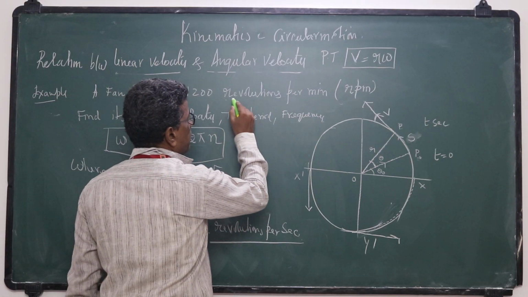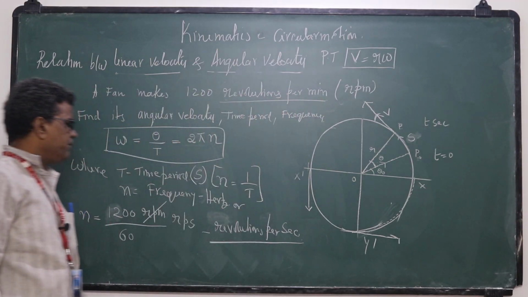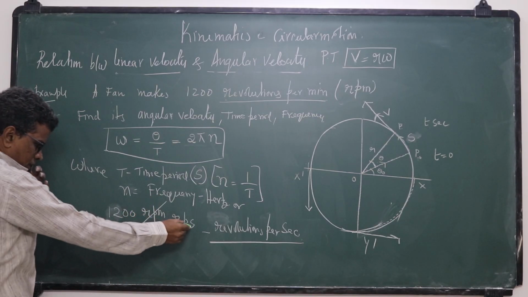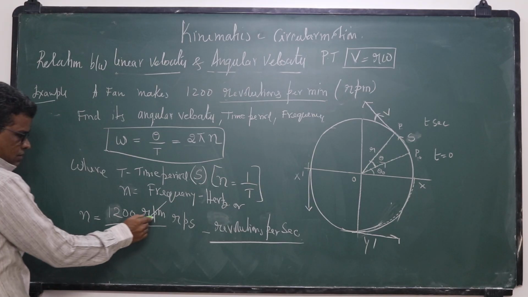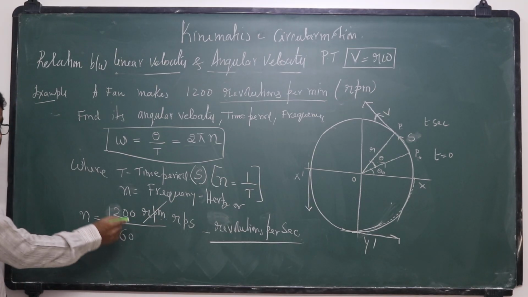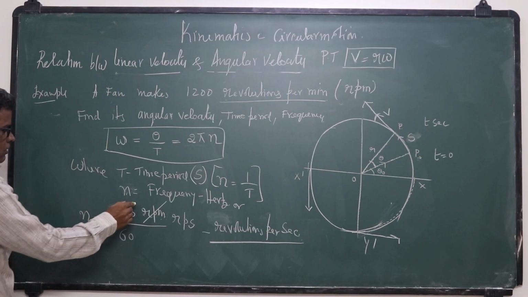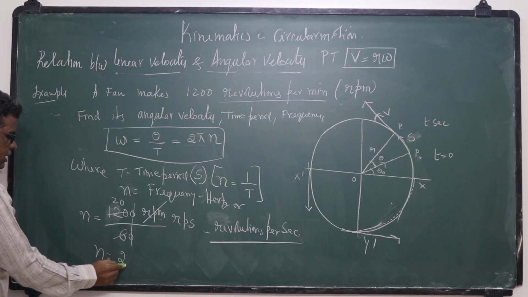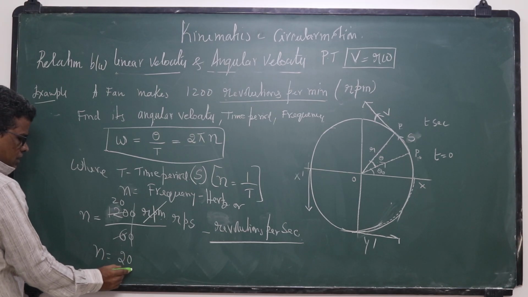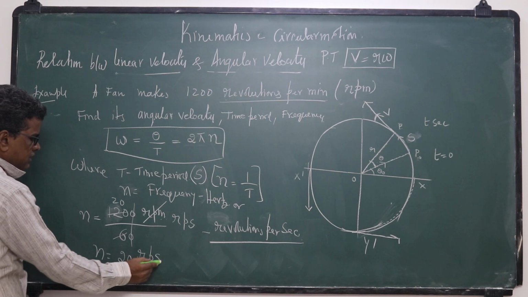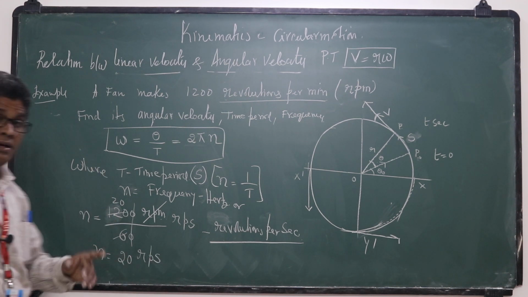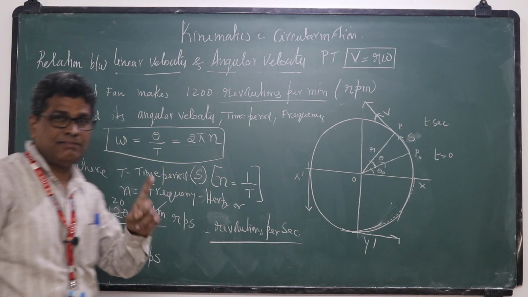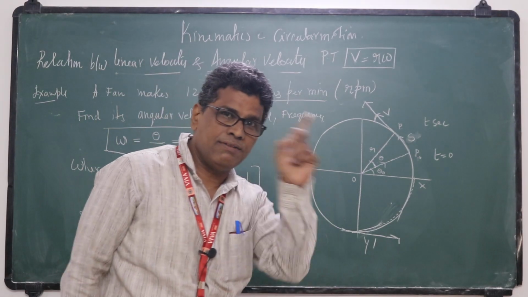What is RPM? Revolutions per minute. To convert RPM to RPS, divide by 60, since time should be mentioned in seconds. So 1200 by 60, the 0s get cancelled, 6 twos are 12, so n is equal to 20 RPS, revolutions per second. That means the blade of the fan makes 20 revolutions per second. In 1 second, it will make 20 revolutions.